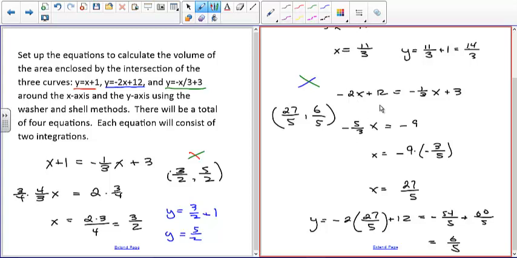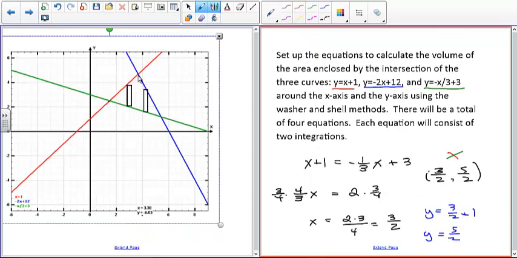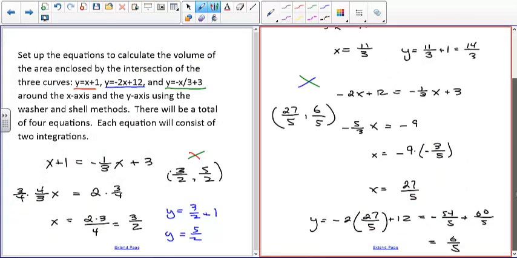I'm going to double check here. Yeah, they look right.